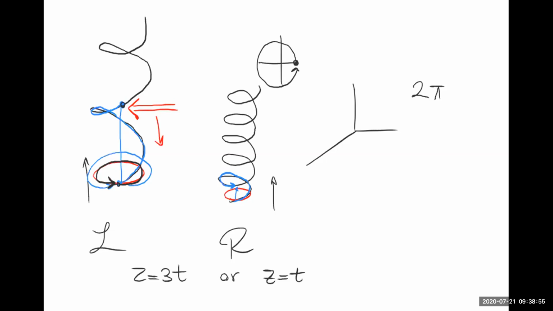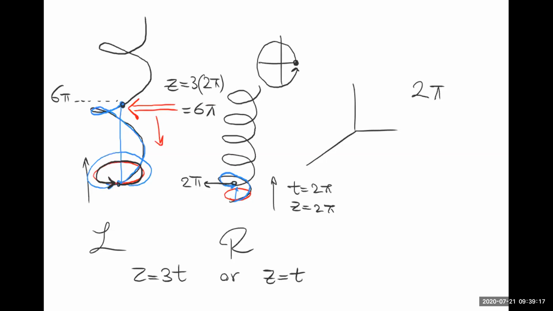Now, if z equals 3t, z would be equal to 3 times 2 pi, which is 6 pi. So the height here would be 6 pi. But if z equals t, and t equals 2 pi, z would be only equal to 2 pi, which is here.